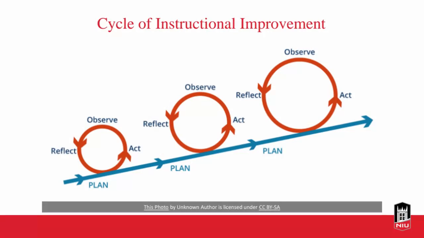Rather than just one cycle of instructional improvement, feedback and achievement should actually inform our instructional improvements continually throughout the semester. So ideally, we would adopt a systematic process for collecting and using data at multiple points in the semester.